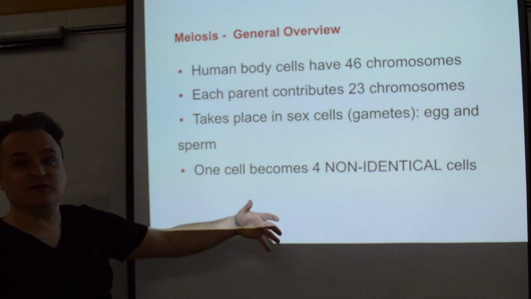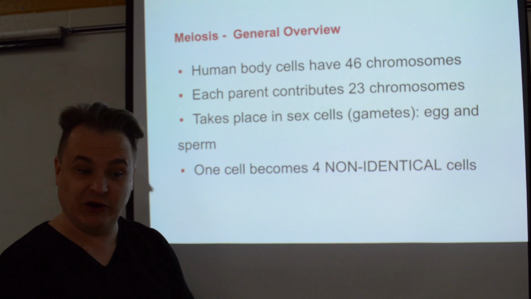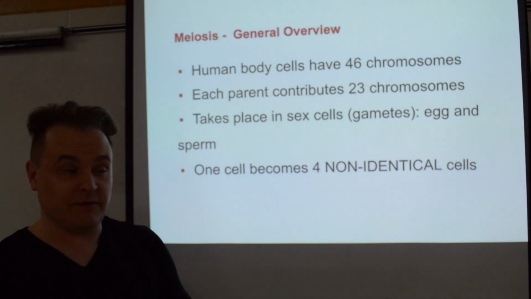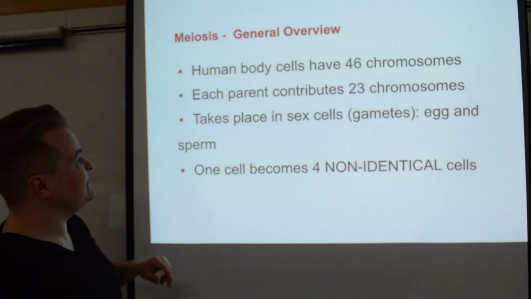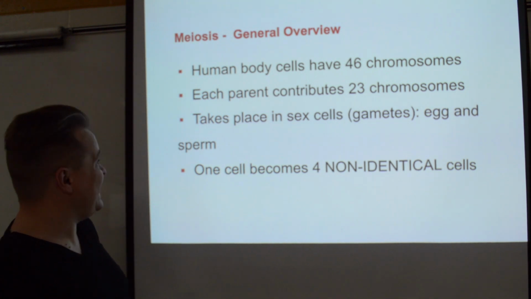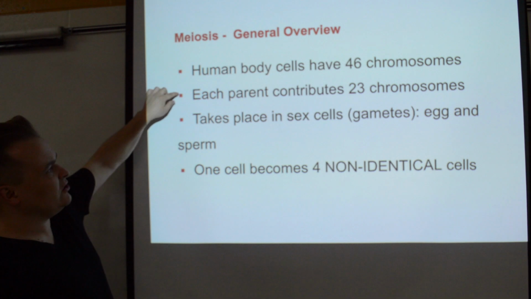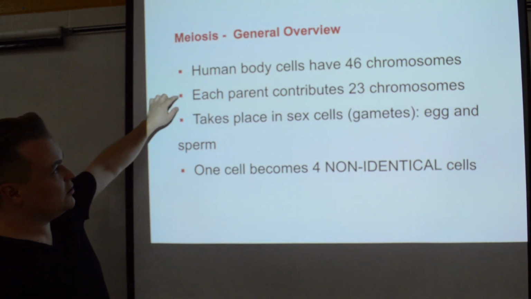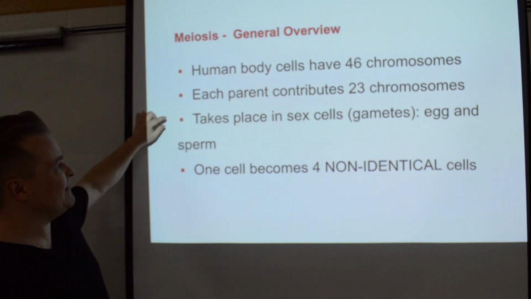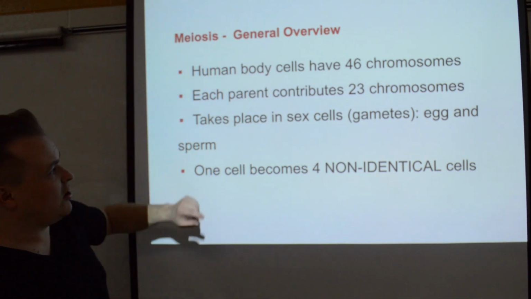Each parent contributes 23 chromosomes, and every cell in your body is made up of these chromosomes from your parents. This takes place in sex cells, gametes, eggs, and sperm. So what they're saying here is, how do you get these 23 chromosomes? You get them from a sperm or an egg, and those sperm and eggs are sex cells.